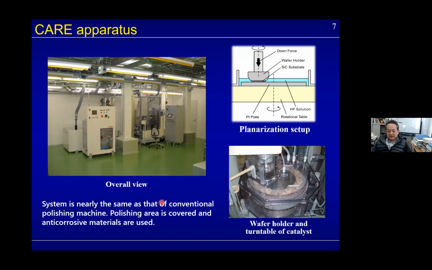But we use hydrogen fluoride solution, so the polishing area is covered by plastic, and inside the plastic, anti-corrosive materials are used because we use the HF solution.